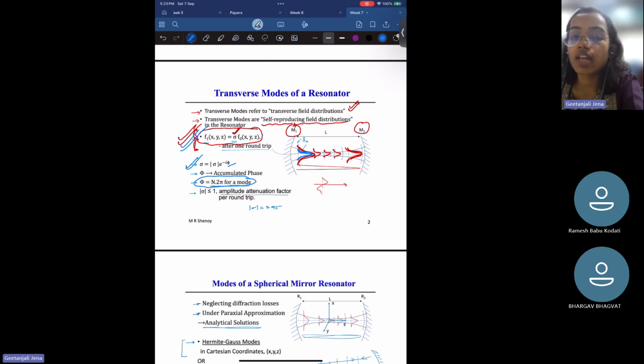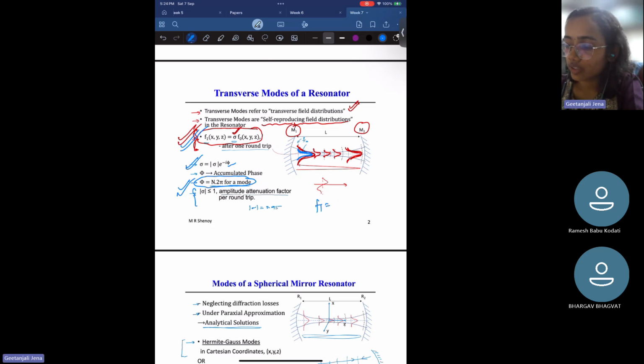If you recall the standing mode condition, a similar condition we have seen in that case also. So for transverse modes, phi must be equal to an integral multiple of 2 pi.